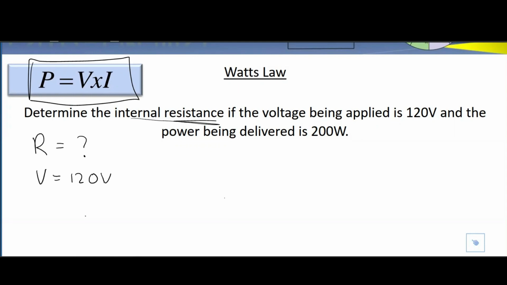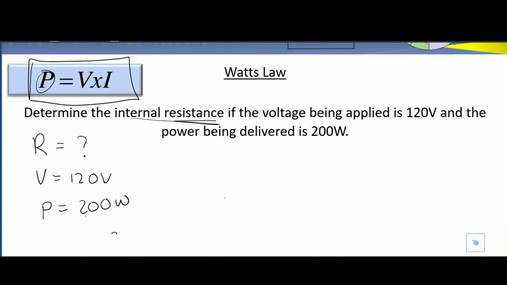And we also have the power, so P equals 200 watts.